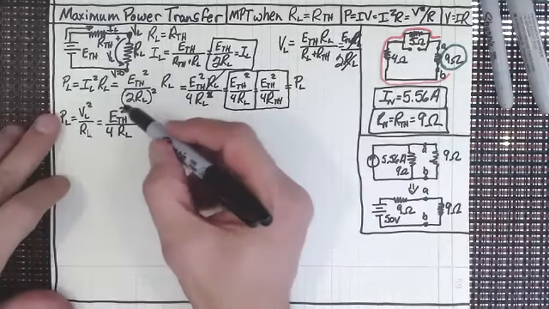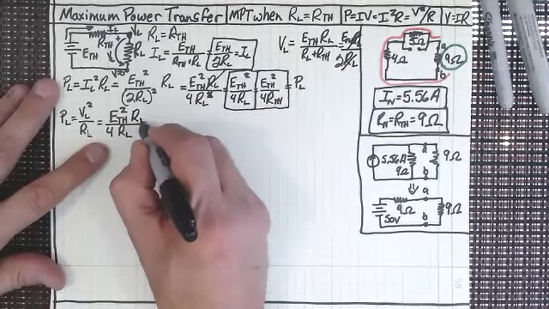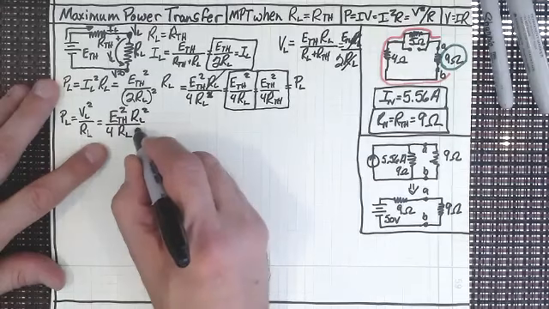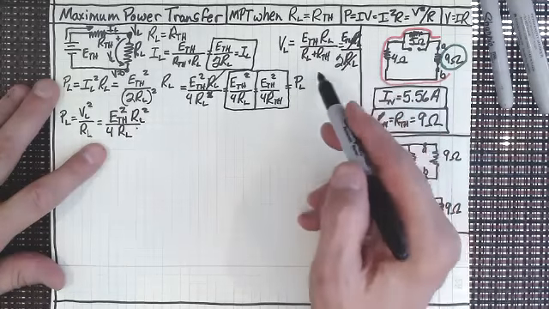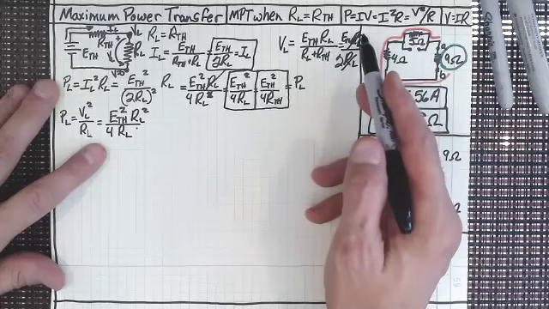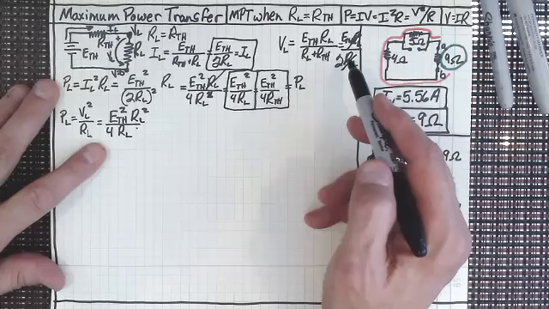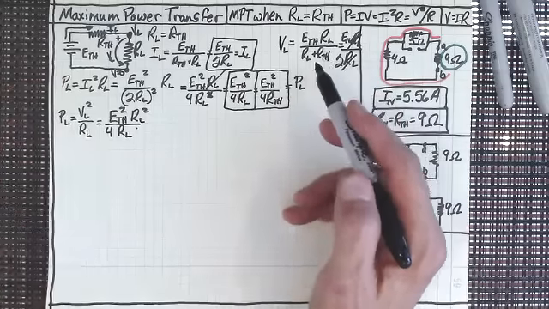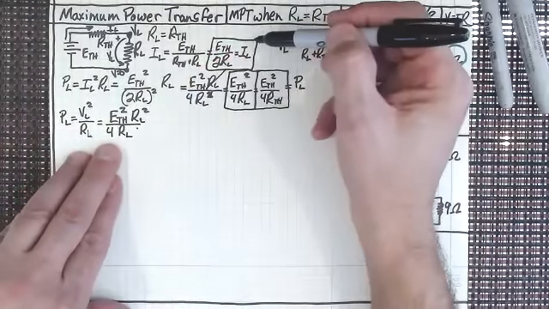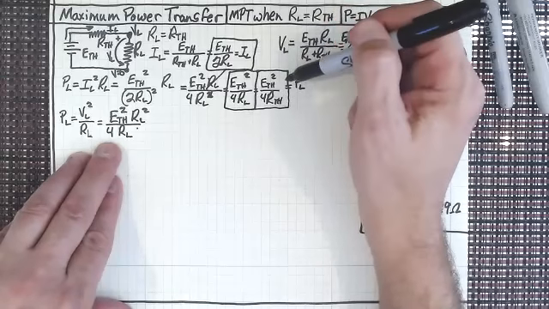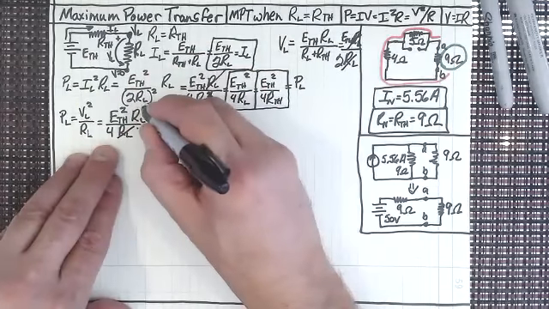Oh wait, what did I forget there? I forgot to square the R sub L I had to put next to it. So it's E sub TH squared over 4, and I think I've got that right. The R sub L cancels out with one of those.